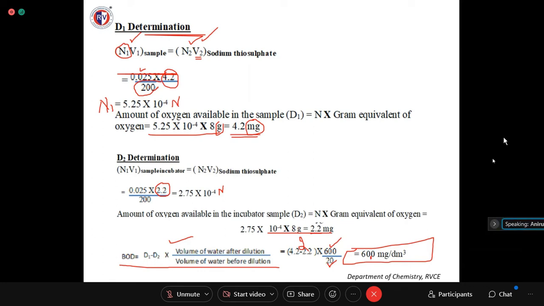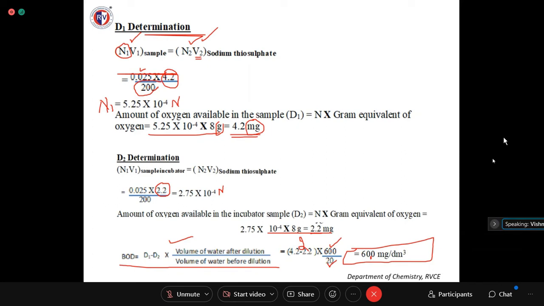I thought I will ask the same question. Nobody asked, that's why I'm asking. Anyway, I'll tell you why the volume of water after dilution by before dilution. Look at that: 20 ml of sewage sample is taken, and then I have added dilution water.